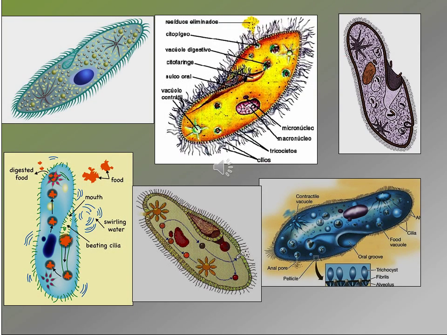In diagrams and drawings, the cilia of paramecium are quite variable in number, length, and thickness.